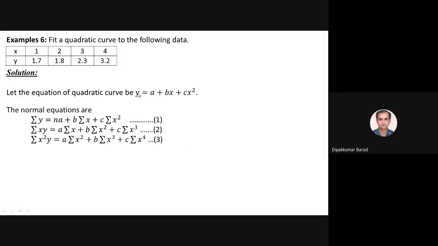Now multiply with x and apply summation, then you get the second equation. Again multiply with x square for this quadratic equation and apply summation, you get this third normal equation. Now try yourself, find summation x, summation y, summation x square, summation x cube, summation x raised to 4, and reply your answer in the chat box.